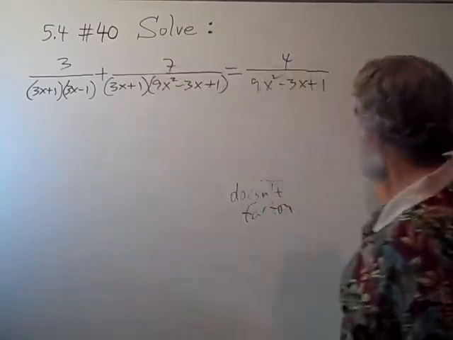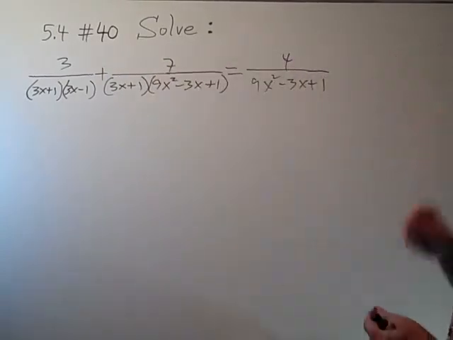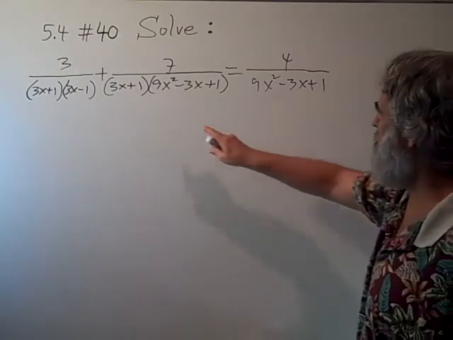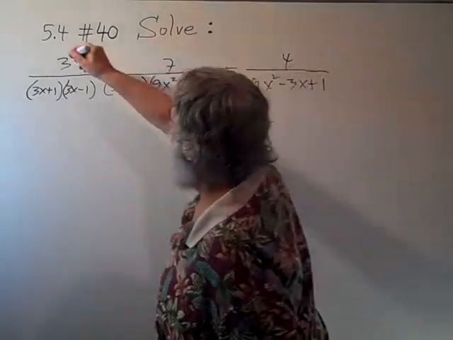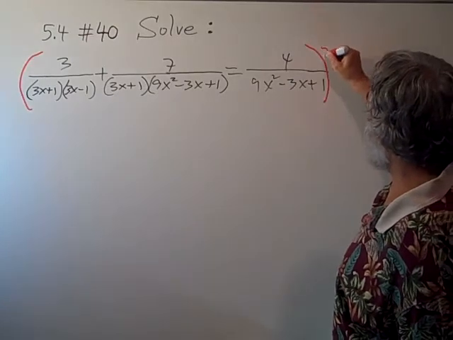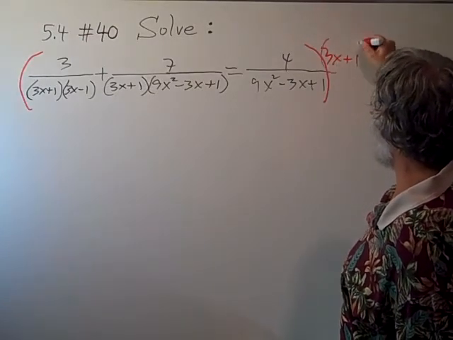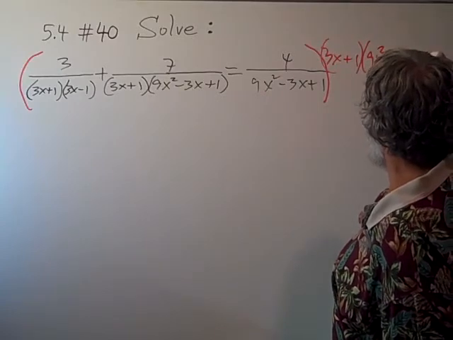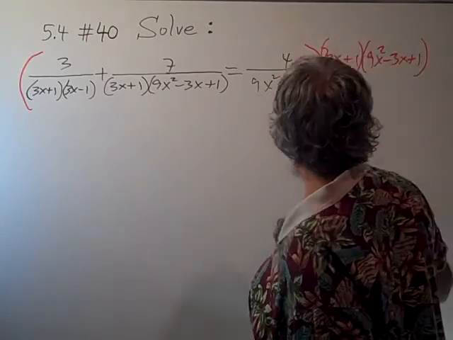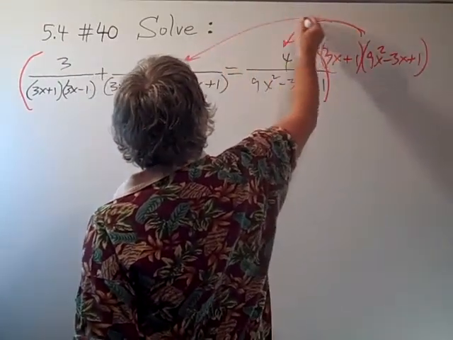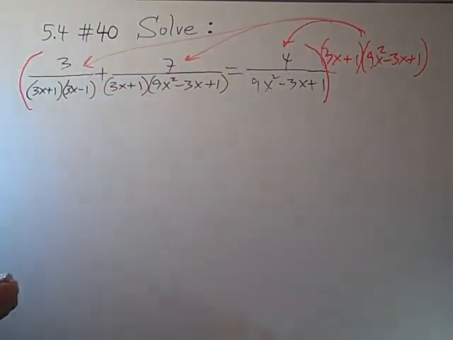So we need to multiply now both sides of the equation by something that will cancel out all of those denominators, which must be this denominator. So everything in the whole equation times that. So we have 3x plus 1 times 9x squared minus 3x plus 1. And that gets multiplied times every one of these terms in the equation.